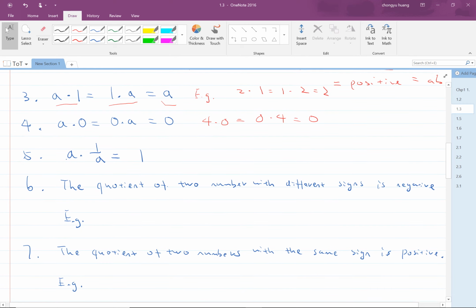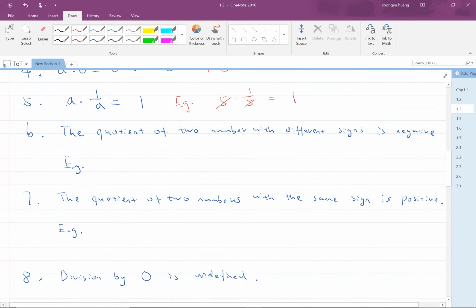Property 5 is A multiplied by 1 over A is equal to 1. For example, 5 multiplied by 1 over 5 cancels out, and it's going to be 1.